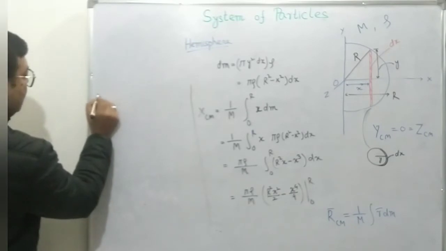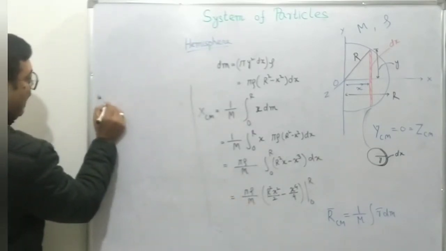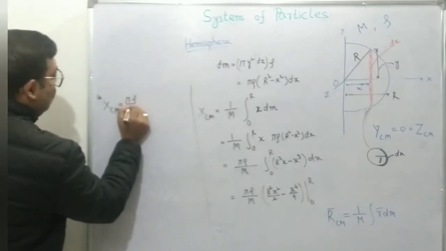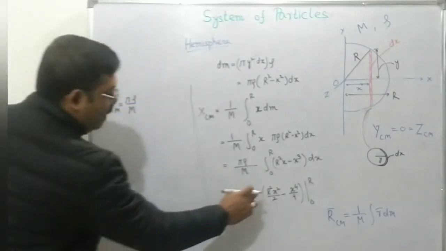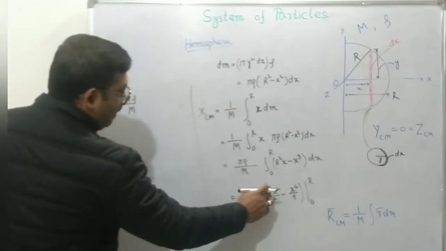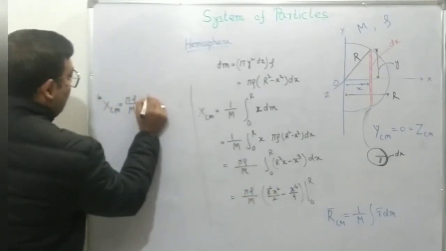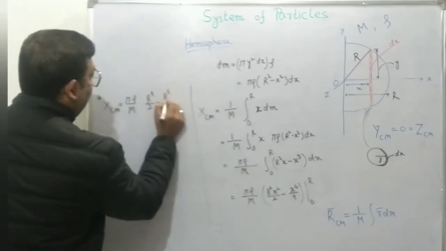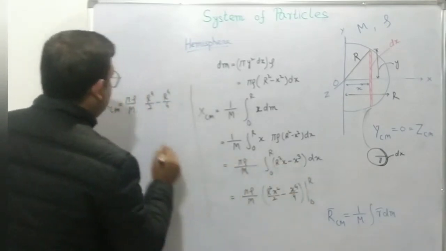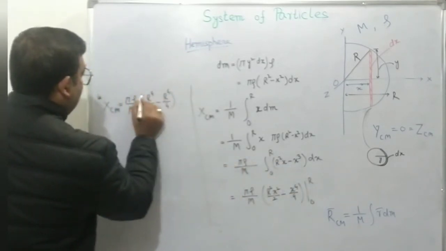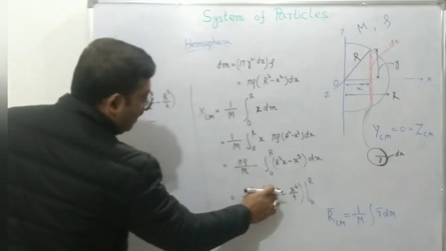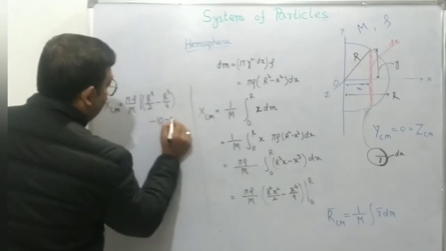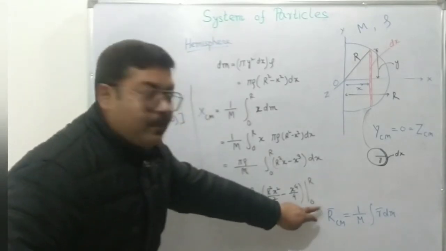That is to say, from this what we get, xcm will be pi into rho divided by m. If I substitute r here, r square into r square, so r to the power 4 by 2 minus, again r to the power 4 by 4. This is the first term, substituting r. This minus, if you substitute 0, of course it will be 0. So the second term of integration will be 0.